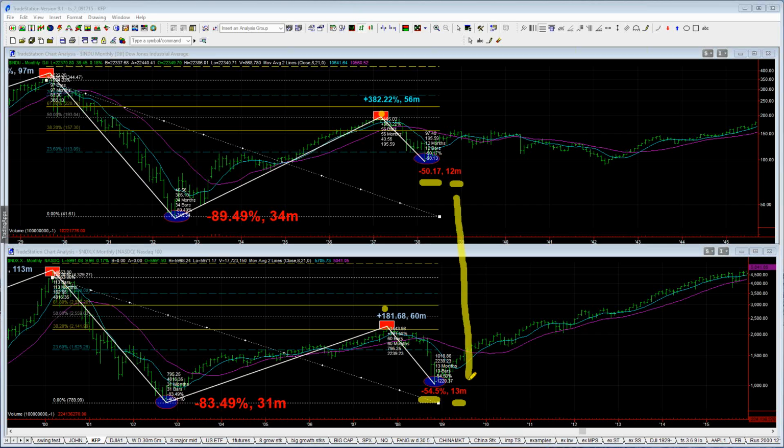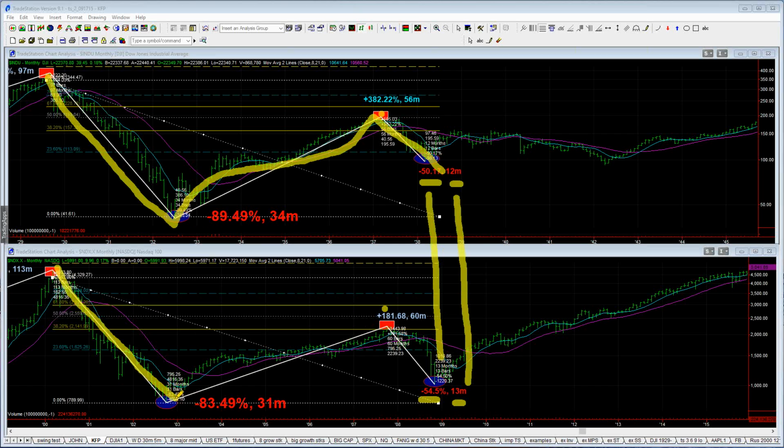Again, almost identical corrections, thereby tracing out what was quite a bit of time after the massive bubbles that both of these markets had. And it's fascinating that the patterns are almost identical up until that point.